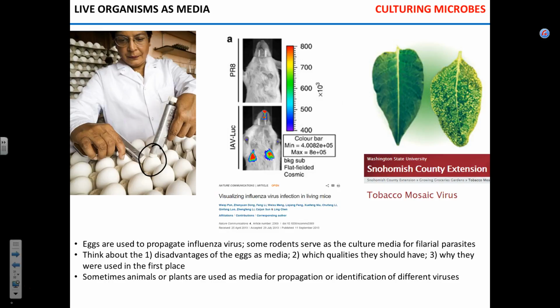Now, there was a funny story when a couple of years ago, influenza vaccine production was under a threat of the egg deficit. There was egg shortage in the United States.